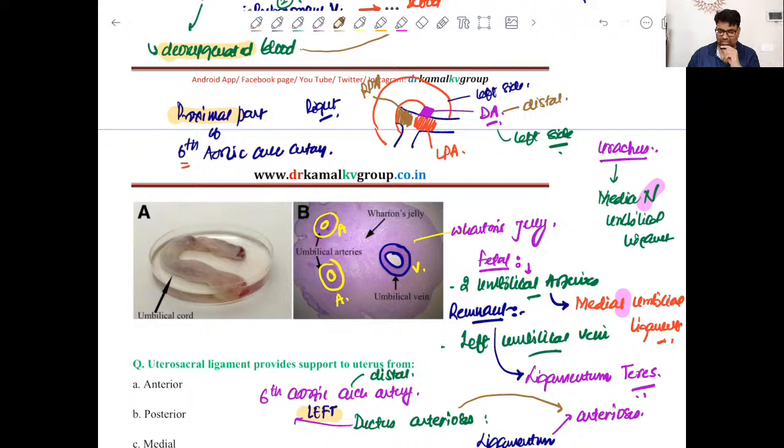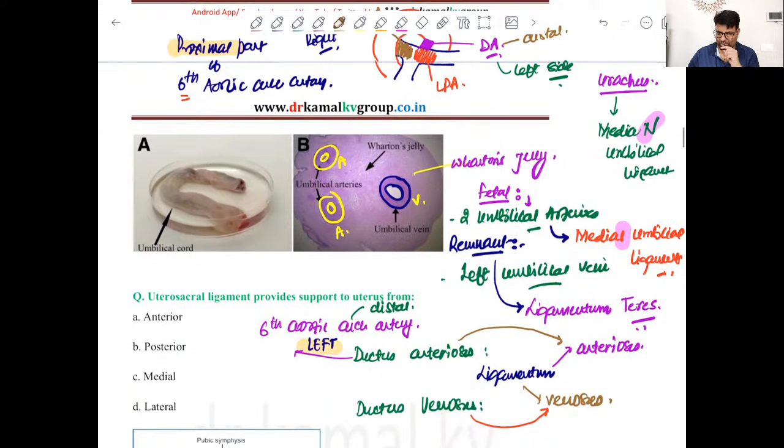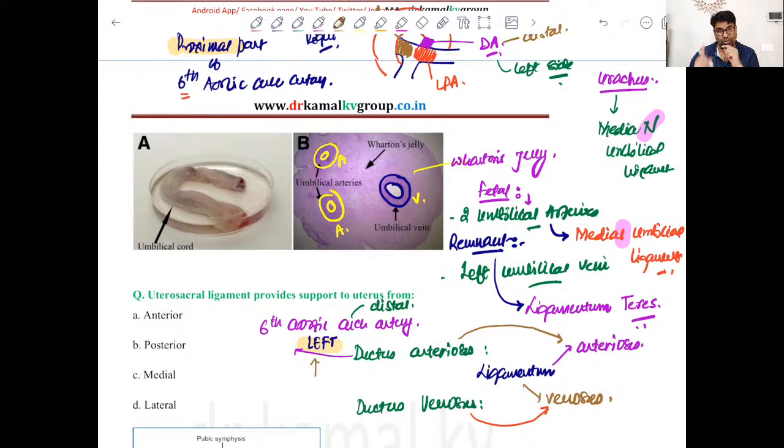So just remember this, and this is again a very favorite concept, right? So I am very hopeful that you won't forget it, that it's only on the left side, and ductus arteriosus has nothing to do with the right side. It is only an entity of left side, right?